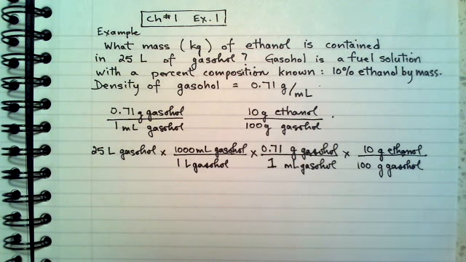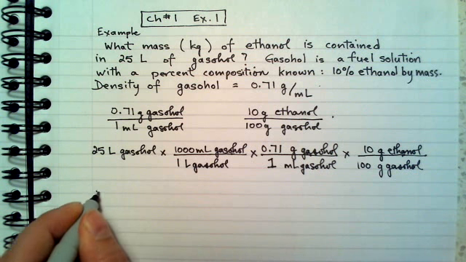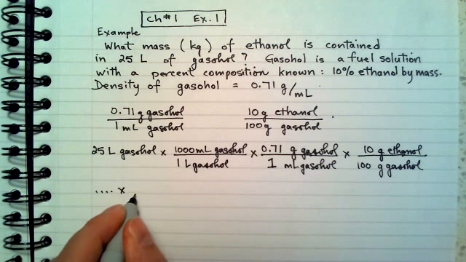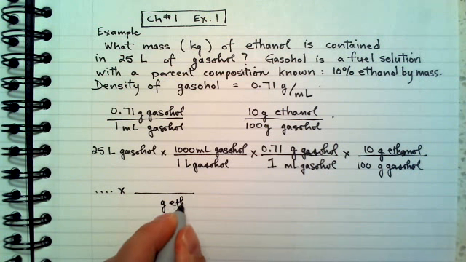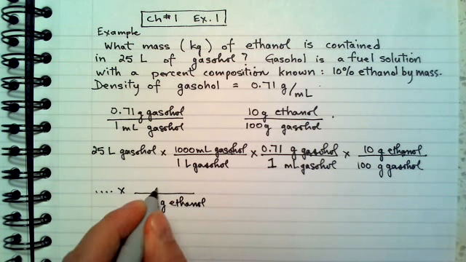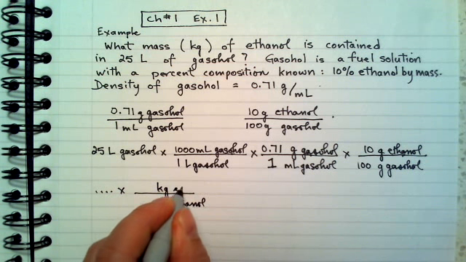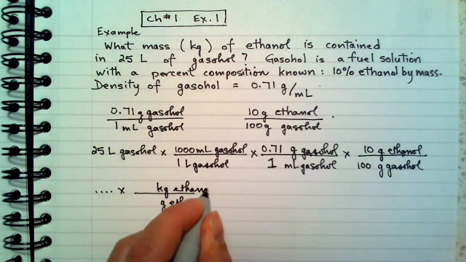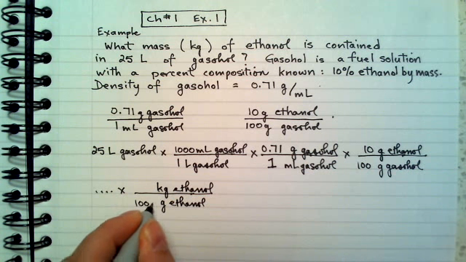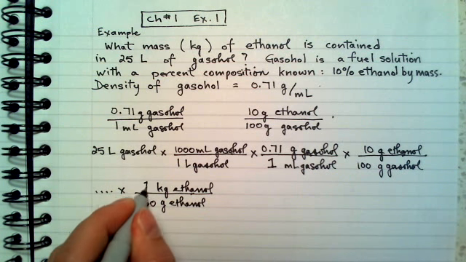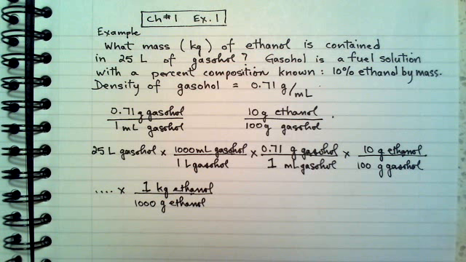But I'm actually asked for the answer in kilograms, so I'm going to keep going with this calculation, and I want to cancel grams of ethanol and end up with kilograms. Again, I'm just writing out the unit, so it's very explicit what cancels with what. 1,000 grams and 1 kilogram.